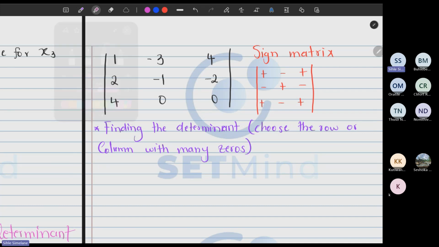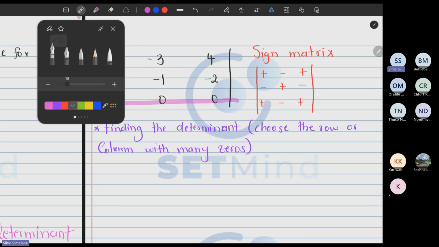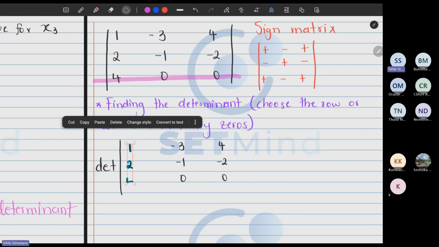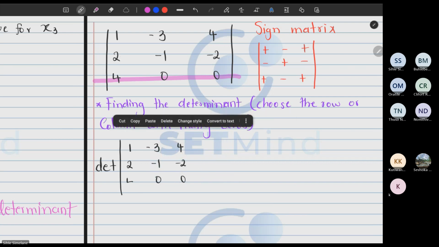So when I'm doing my determinant, I'm going to choose row 3. So my determinant of that matrix, I'll just copy and paste it there, but make it a bit smaller. So the determinant of this matrix will be equal to.